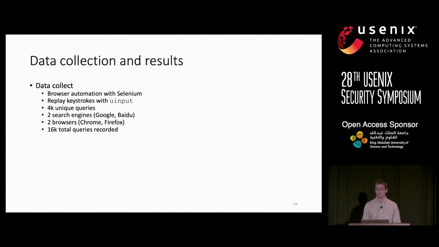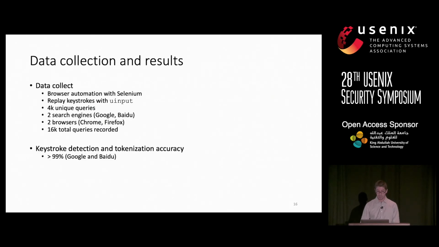These were replayed using Selenium and UI input in a low latency framework, and then I captured the traffic coming out of the victim's machine to get all that autocomplete traffic along with everything else and figure out if we can predict what query the user is searching for. I didn't experience any rate limiting or CAPTCHAs when I recorded this data set. It took about a week, presumably because it actually looked like human subjects typing out queries into browsers.